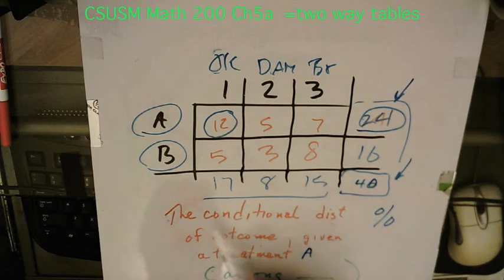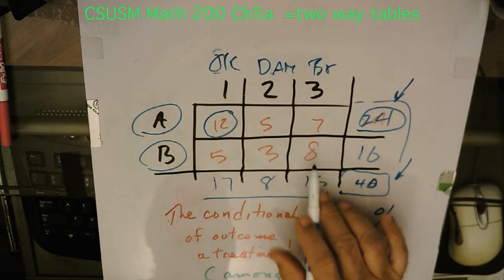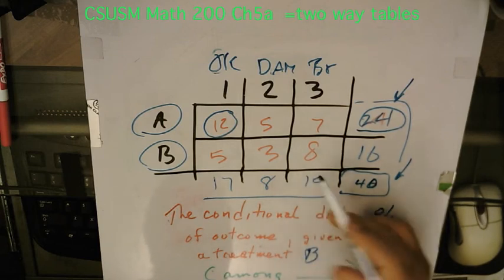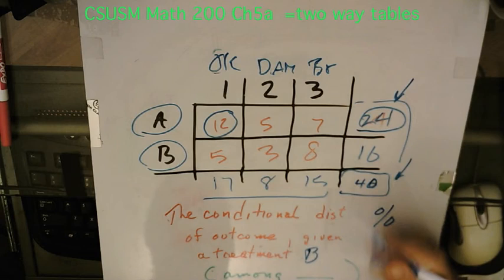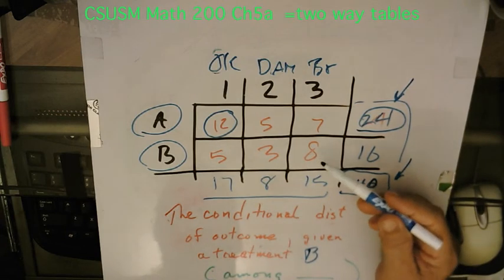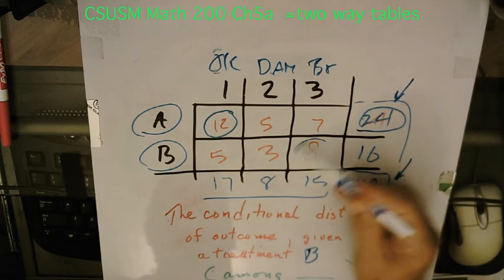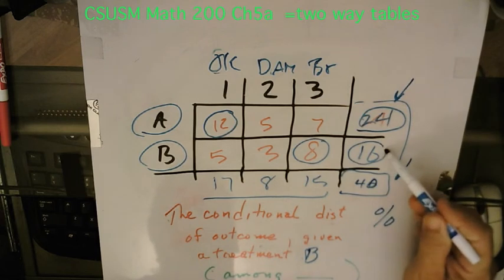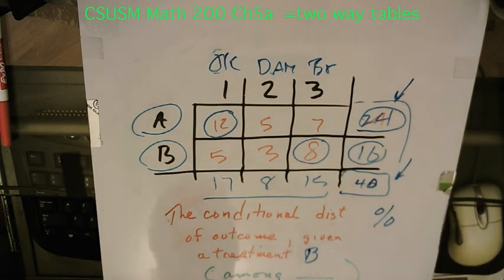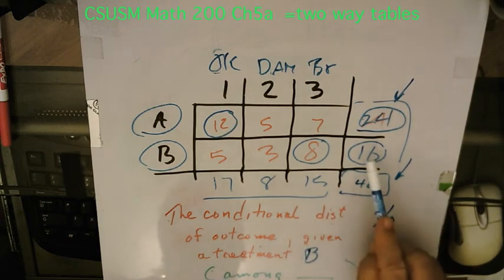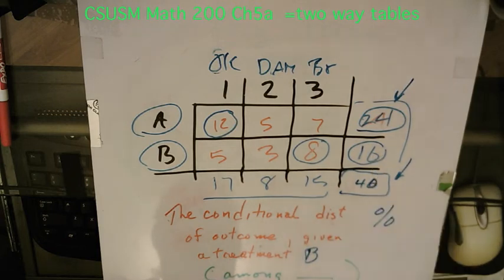So the book uses this: find the conditional distribution of something given something. Well, the given is where you want to start. Given packaging B style, we'll say, what is the outcome? So then I'll start here with this row, and I'll say, okay, given that I'm using packaging B, what's the conditional distribution of broken items? And then I would take that divided by this total out here, 16. So the conditional distributions are looking at the data point versus the marginal number, the total in that particular thing.